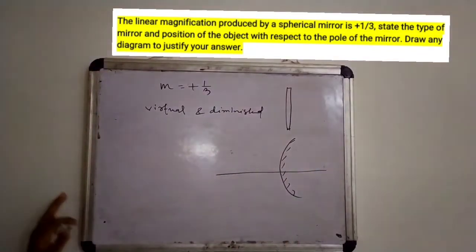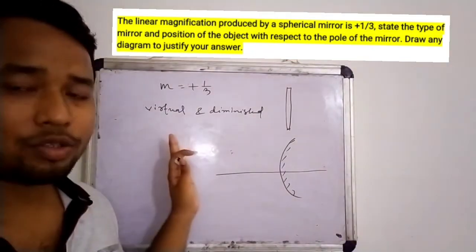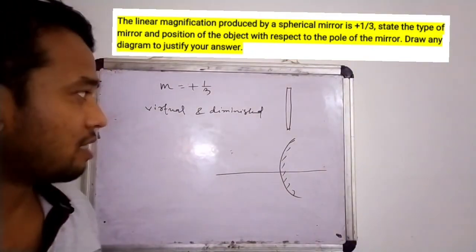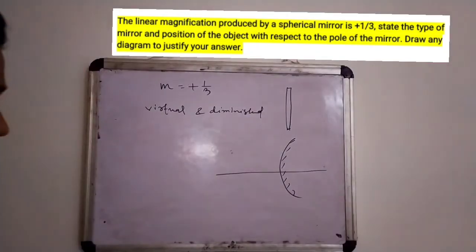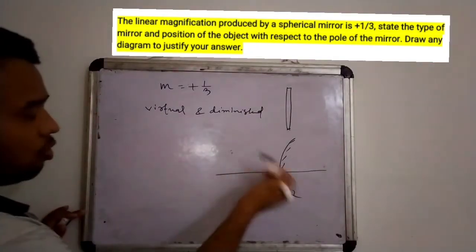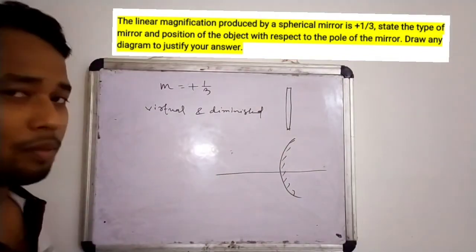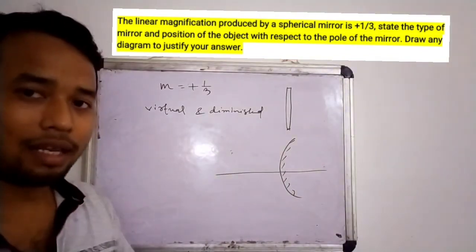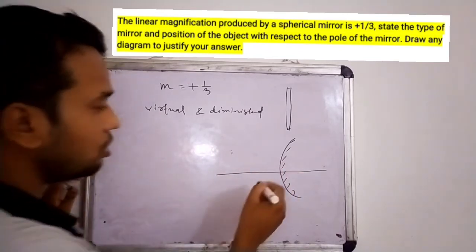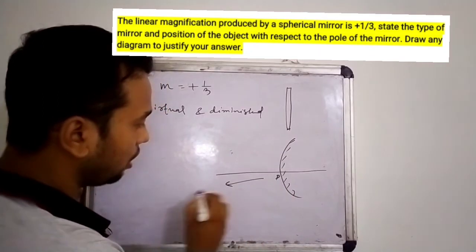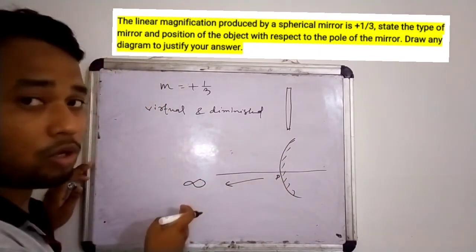Now in the question it is asked, what will be the range of object distance? For a convex mirror, we can place the object at any place in front of the mirror, from pole to infinity.